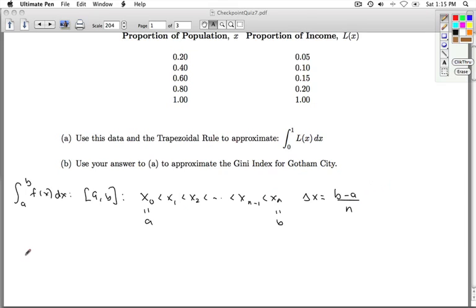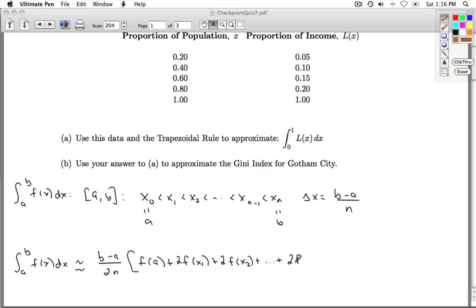So if we chop up the interval, sample the function at these points, and instead of drawing rectangles we draw trapezoids, then we can approximate the integral using the formula (b minus a) over 2n, so delta x over 2, times f of a plus 2f of x1 plus 2f of x2, etc., plus 2f of x(n minus 1) plus f of b.